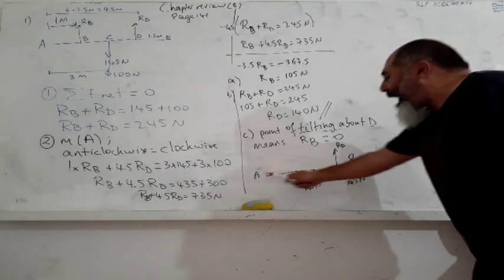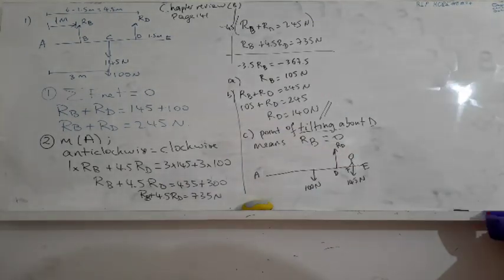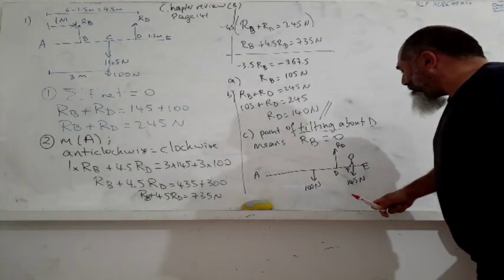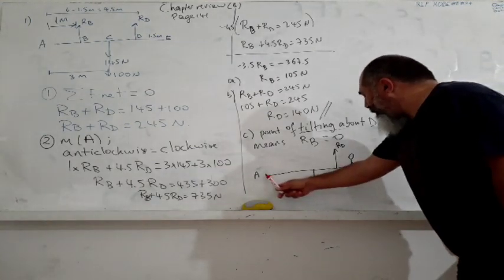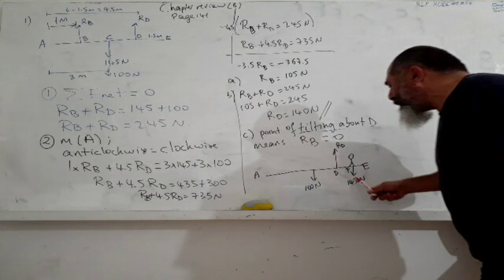The question asks to find the distance DF. First of all, let's find the distance of the child from A to F, and it is very easy to calculate DF then.